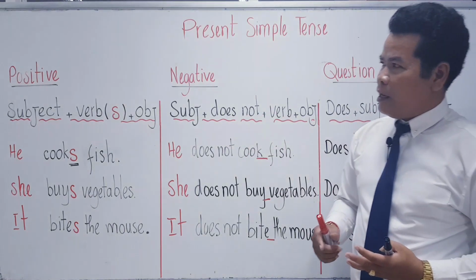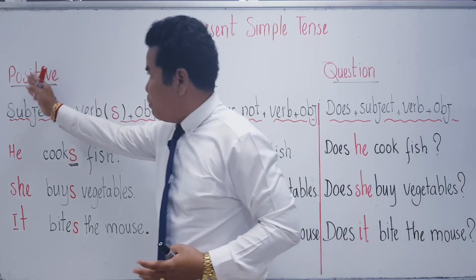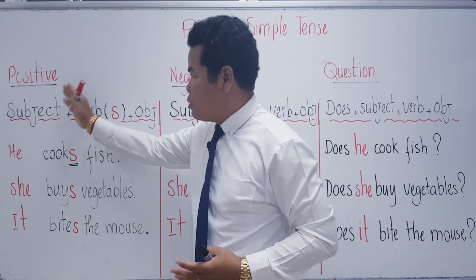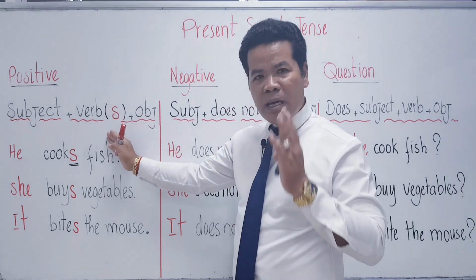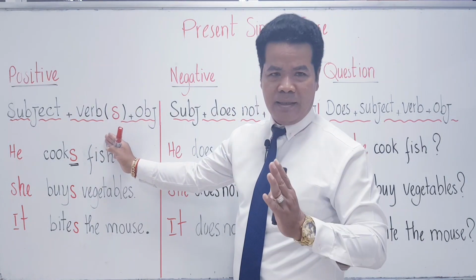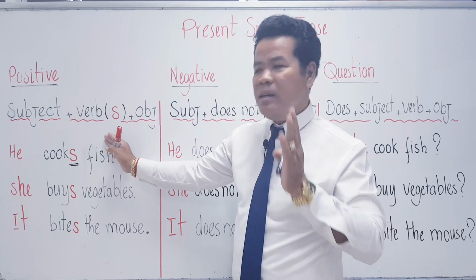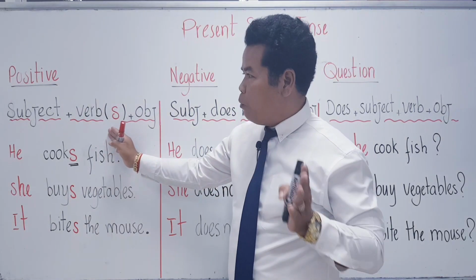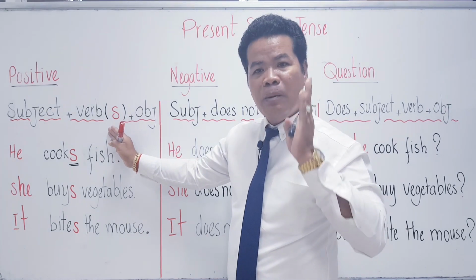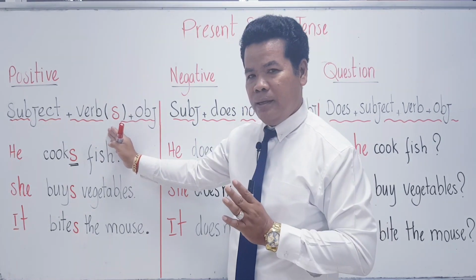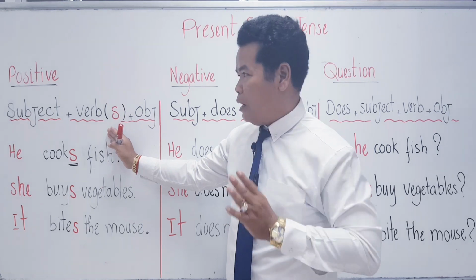Okay, now let's go again. In the positive form, we use subject plus verb plus S. 80% of the verbs we plus S. I told you 80% of the verbs we plus S when we use the third person singular in the present simple tense. Okay? Just remember.